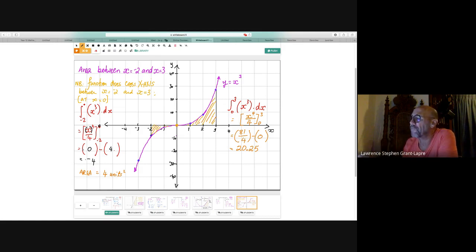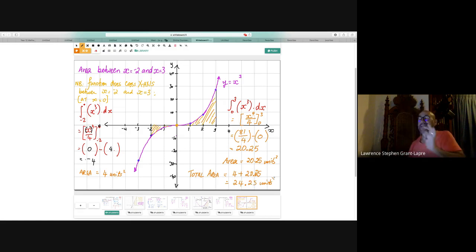It has an area of 4 square units, and above the x-axis over here, it has an area of 20.25 square units. Therefore, our total area between x equals -2 and x equals 3 is add 4 plus 20.25, and you get a total area of 24.25 square units.